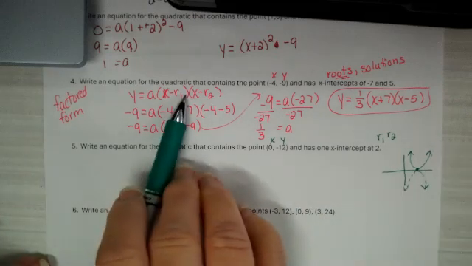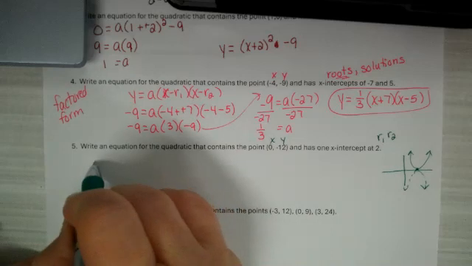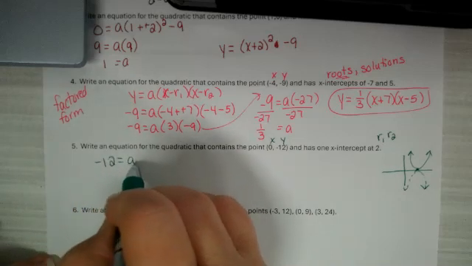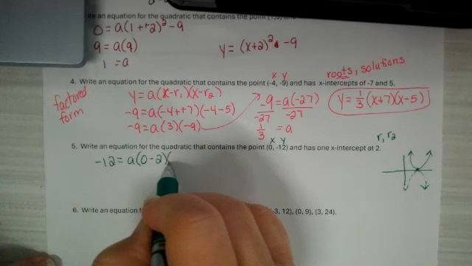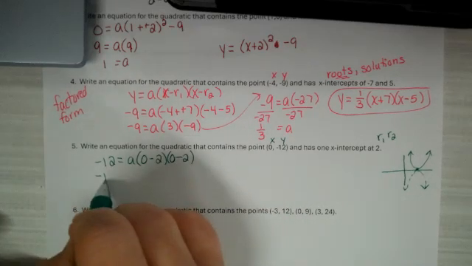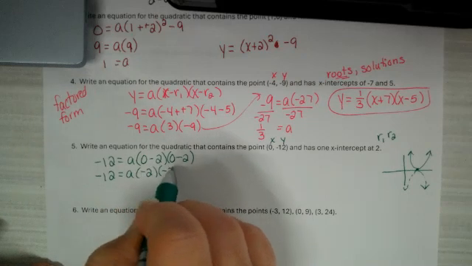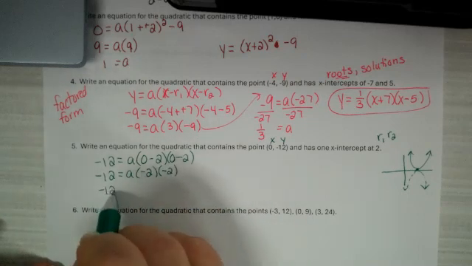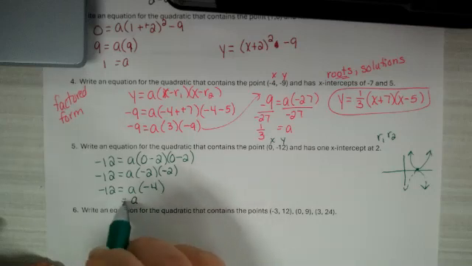So we're going to do the same thing, but for r1 and r2, we're just going to use the 2. So y equals a times (x minus 2)(x minus 2), with x being 0. And we will find out that a, I think, might be 3.